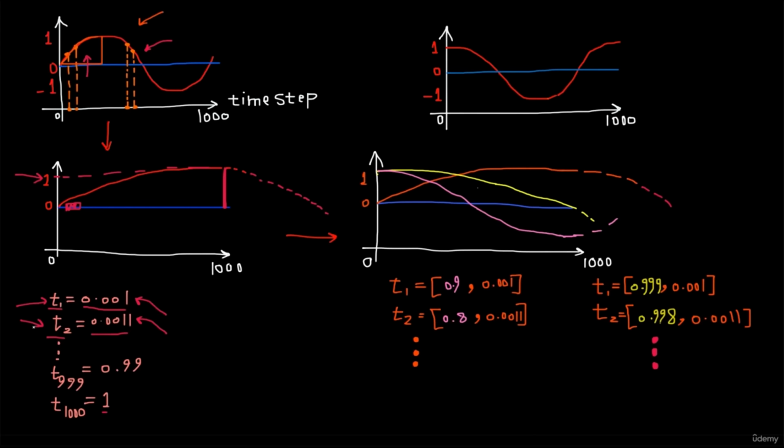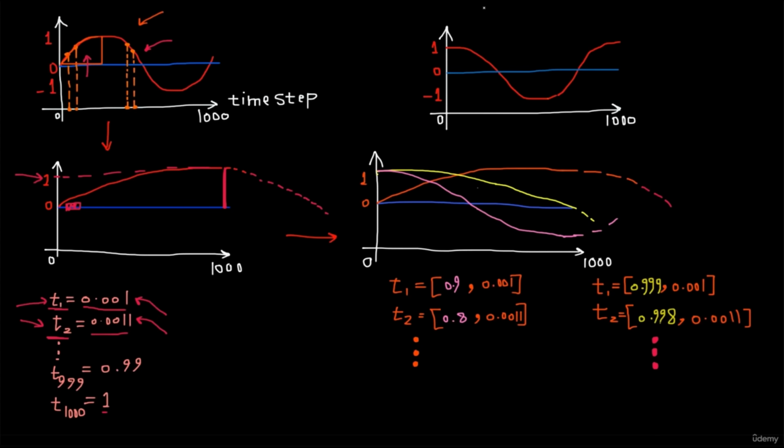But our neural network is uncertain about which is the real time step that we are in right now, because the difference between these two time steps is very small. So now we can say that just one unique value for each time step will not give us the precise time step that we are in right now.